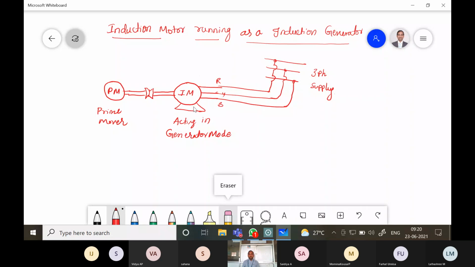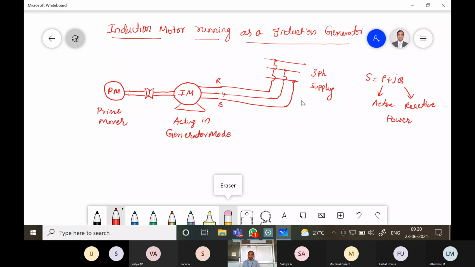So the active power and reactive power, there are two powers we have. S is equal to P plus jQ, where P is the active power and Q is the reactive power. So what happens here?